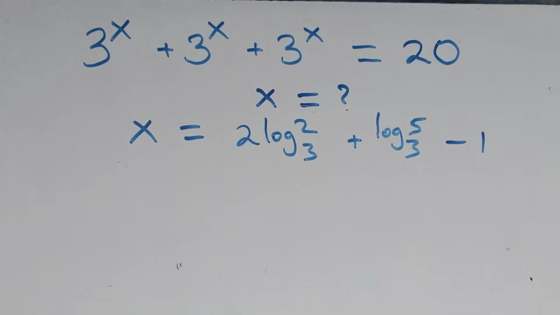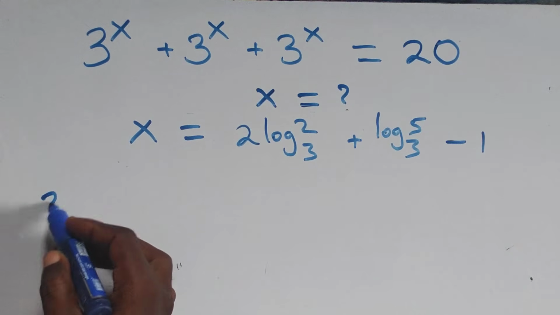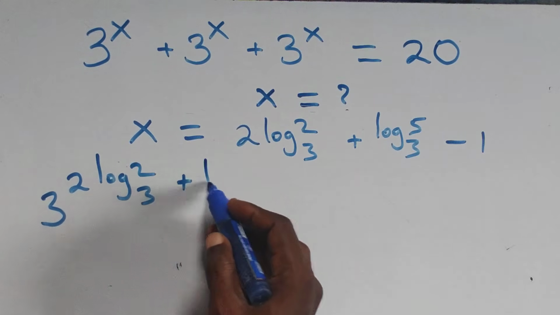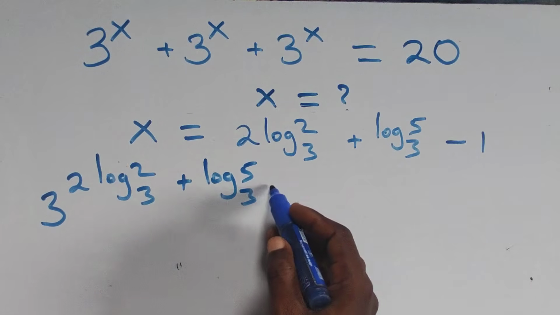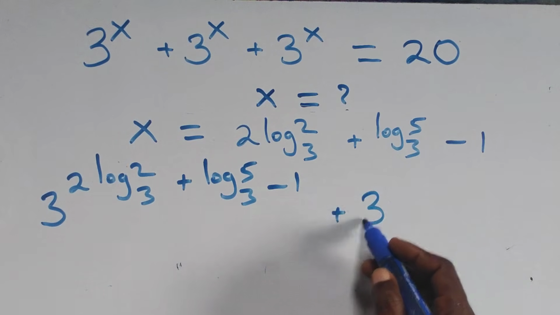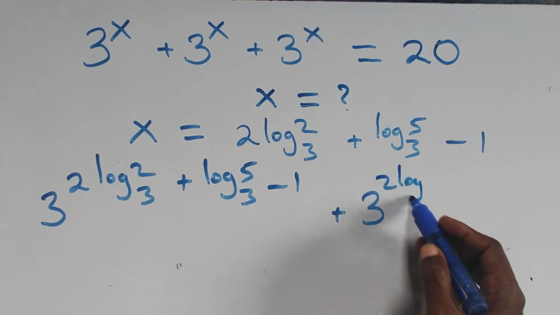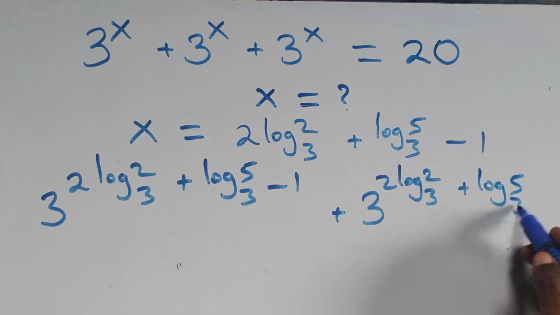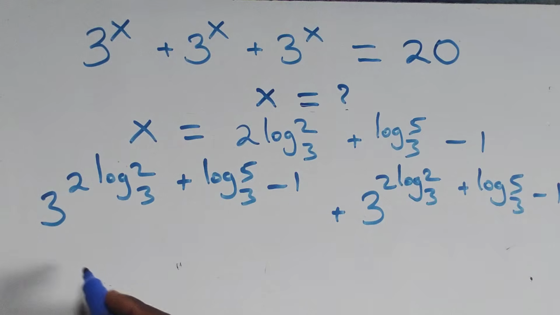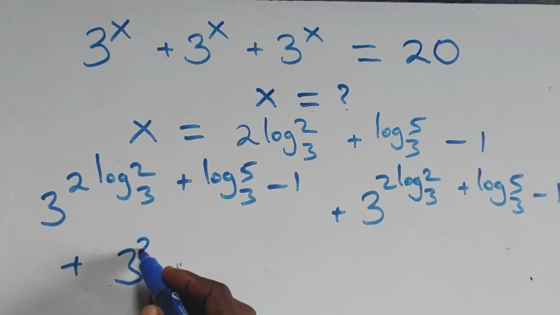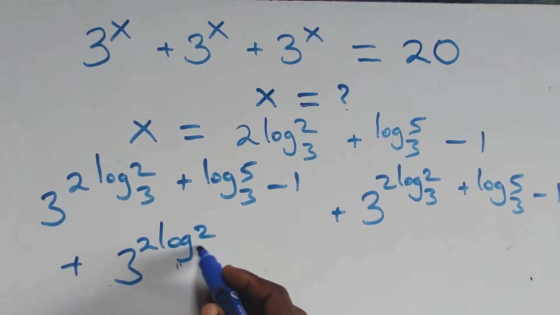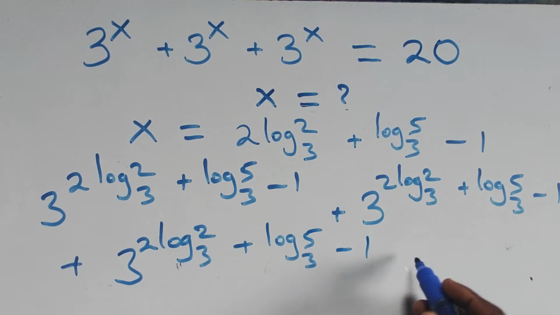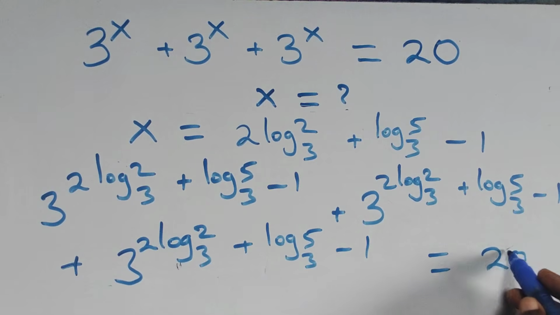So what we have here becomes 3 raised to power 2 log 2 base 3 plus log 5 base 3 minus 1, plus also 3 raised to the same power, also plus 3 raised to the same power. Is it equal to 20 on this side?